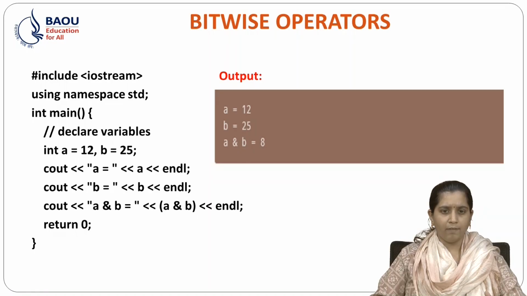First of all, I have shown to the user that a is equal to 12 and b is equal to 25 using the cout object of iostream. After that, what I have done is a is a and b, and store this variable, and what this will give me is 8.